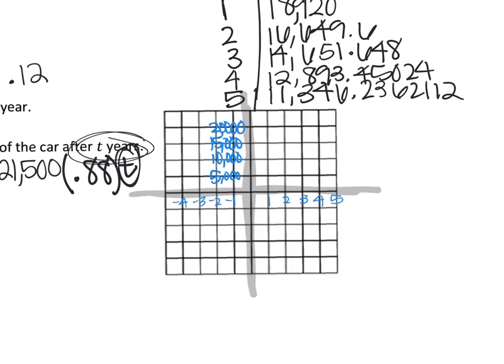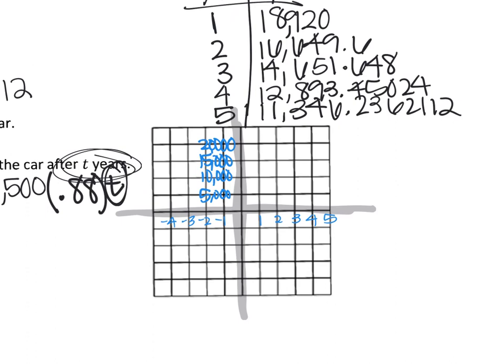So if you look at 1, I'm at almost 19,000. So I'm going to go over 1 up to 19,000. 2, I'm at 16,649, so a little above this. 3, I'm at 14,000, so about here. 4, I'm at 12. 5, I'm at 11.